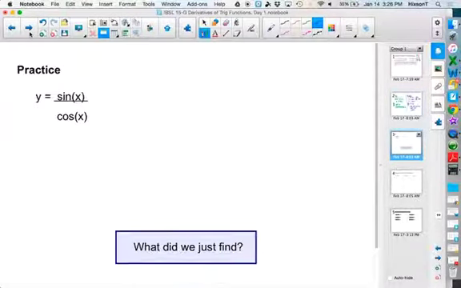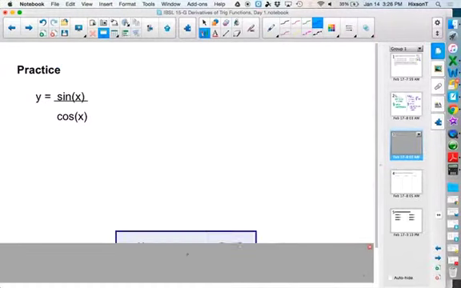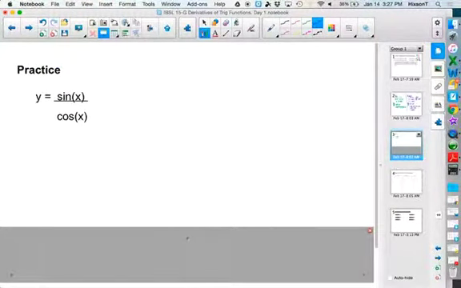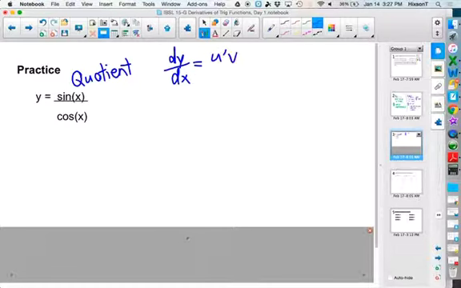All right, let's try this one. Okay, if y equals sine divided by cosine, we're going to have to use the quotient rule. Okay, quotient rule, which happens to be u prime v minus u v prime all over v squared.